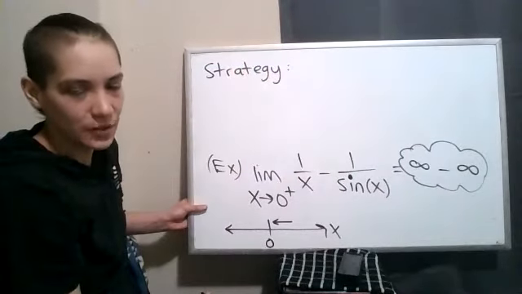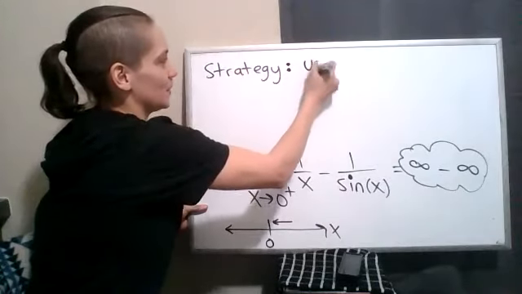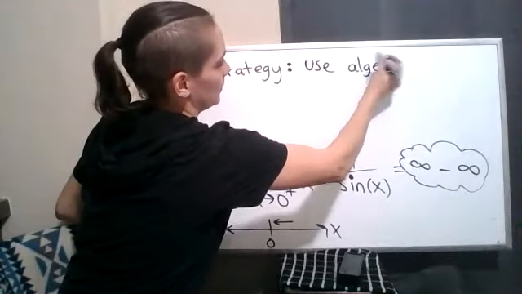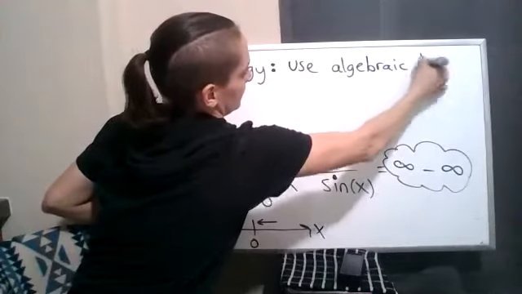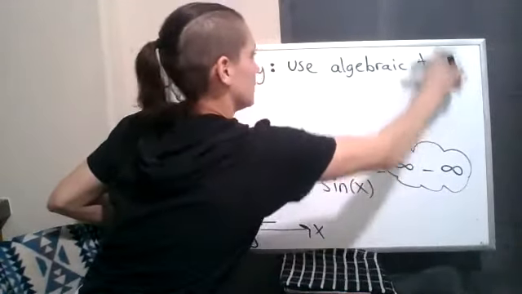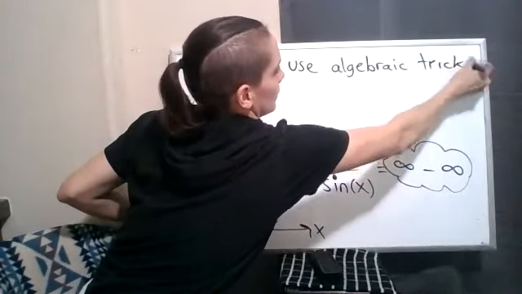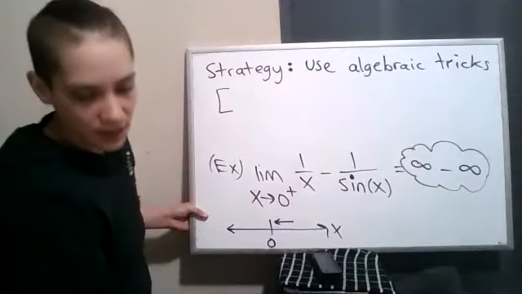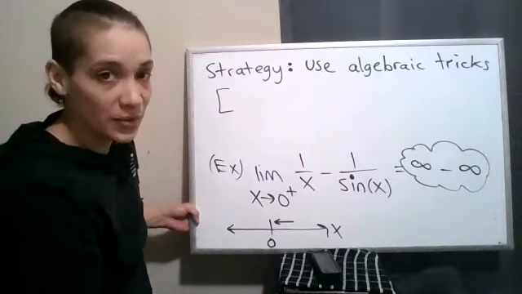It basically says use algebra. Tricks, tricks. Some of them would be like combining fractions, trying to factor. You could try to simplify.